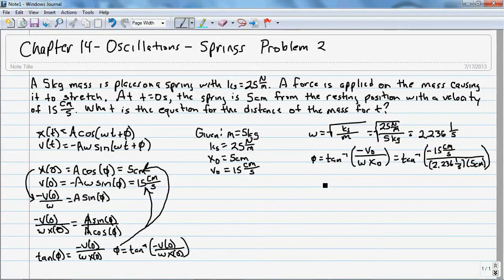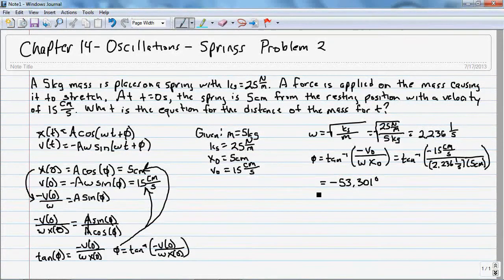And this is equal to, if we put it into degrees, negative 53.301 degrees. Normally we keep phi in degrees.